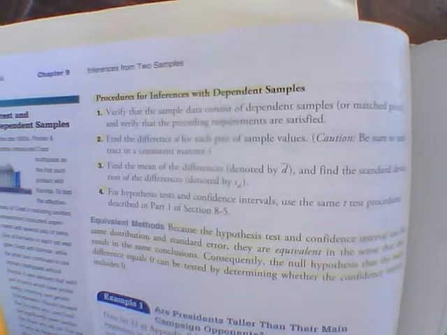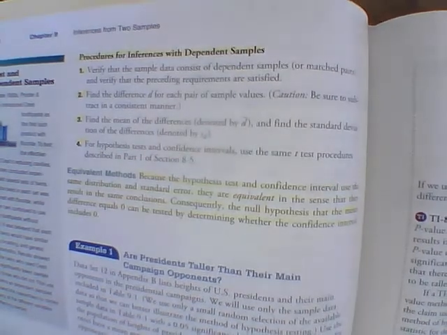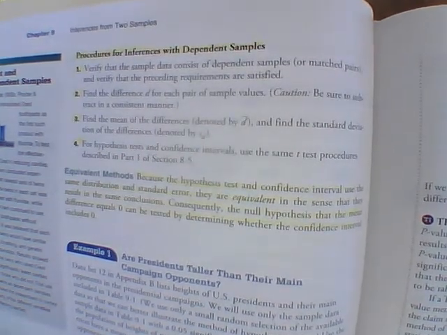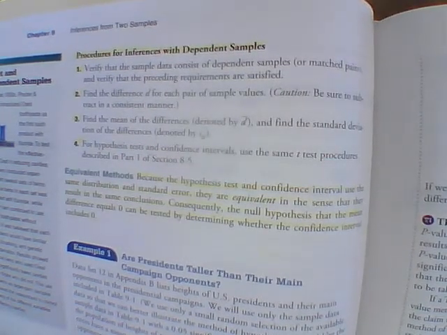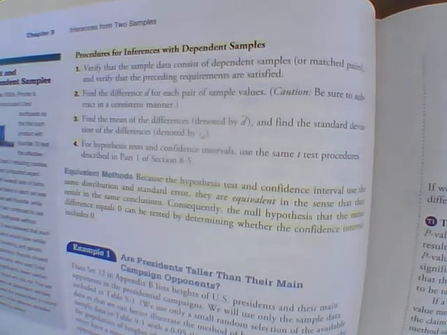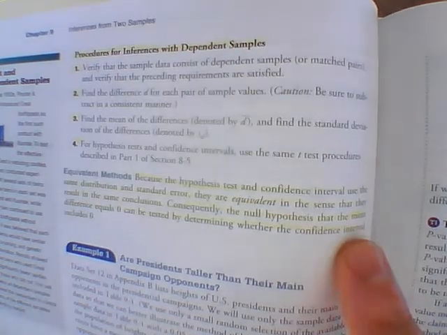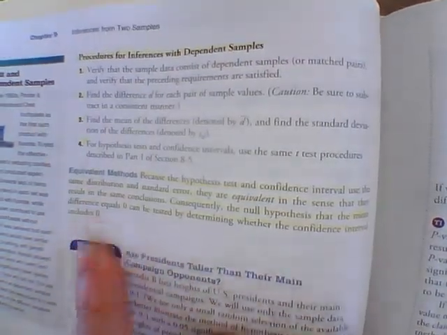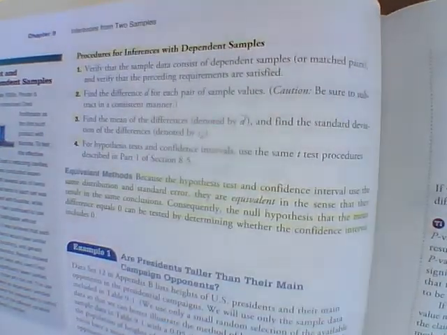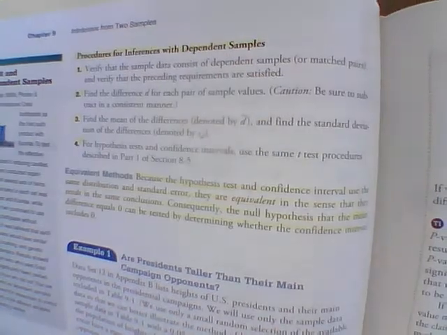So once again, we're using our t-test. Now, there are some other equivalent methods. Because hypothesis testing and confidence intervals use the same distribution and standard error, they are equivalent in the sense that they result in the same conclusion. Consequently, the null hypothesis that the mean difference equals 0 can be tested by determining whether the confidence interval includes 0. Once again, just a restatement of that whole procedure, and that's what this section really takes a look at.